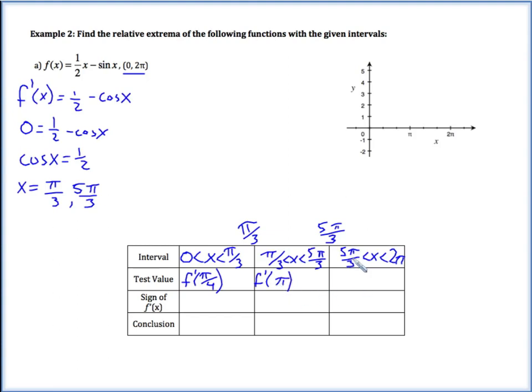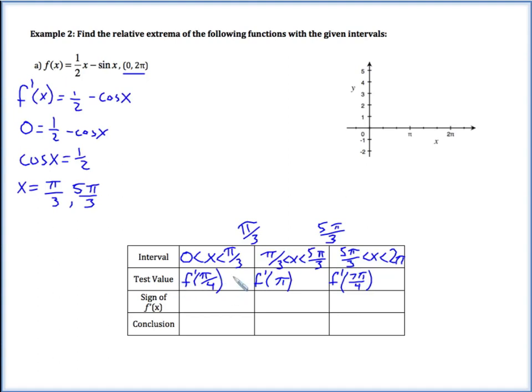And then between 5 pi over 3 and 2 pi, well, 2 pi is 8 pi over 4, so let's try 7 pi over 4, and that is bigger than 5 pi over 3. Okay, so it's just going to be a little tricky. You have to make sure you find a value right in that interval.